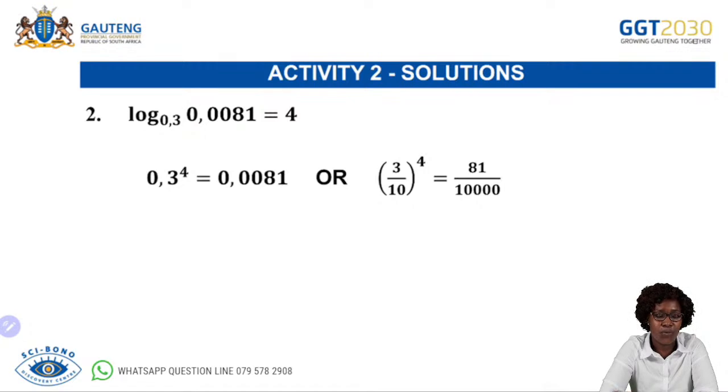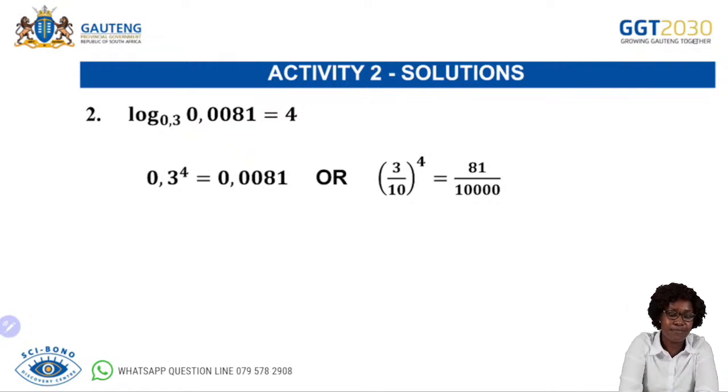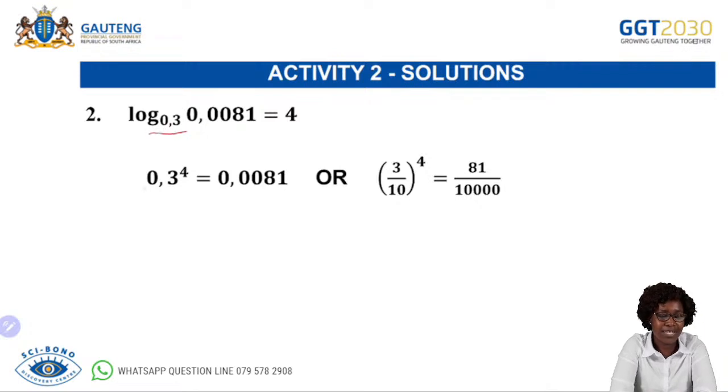This one, I know most of us were hesitant because most of us are not comfortable when it comes to decimals or fractions. But remember the rule. Take the base of the log, make it the base of your exponent. Take the answer, make it the exponent. And then you take the number sitting next to the log as your solution.